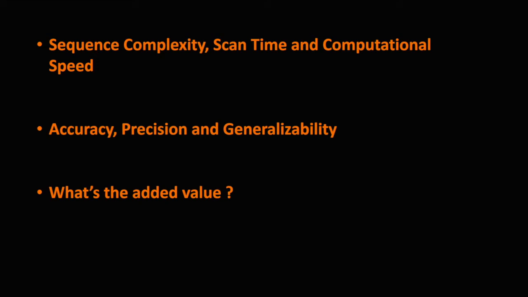This may not be the only question for MRF, but in general for all quantitative scans, given that current MR is already pretty successful as a qualitative measurement, what's the added value from the quantitative maps? This is an important and very challenging question to answer.